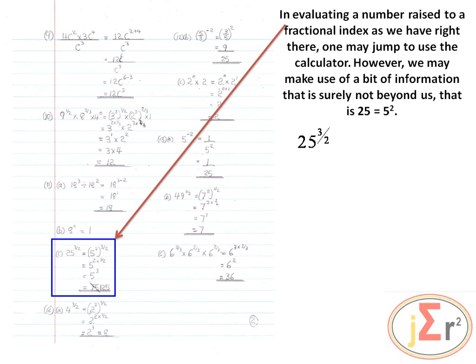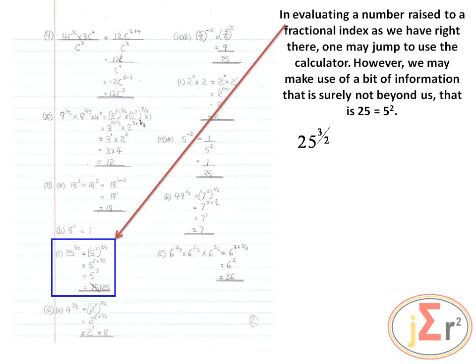That 25 is equal to 5 to the power of 2. So when we see that fractional index, we are amazed and we are saying, how do these examiners expect us to be able to raise a number to a fractional power?